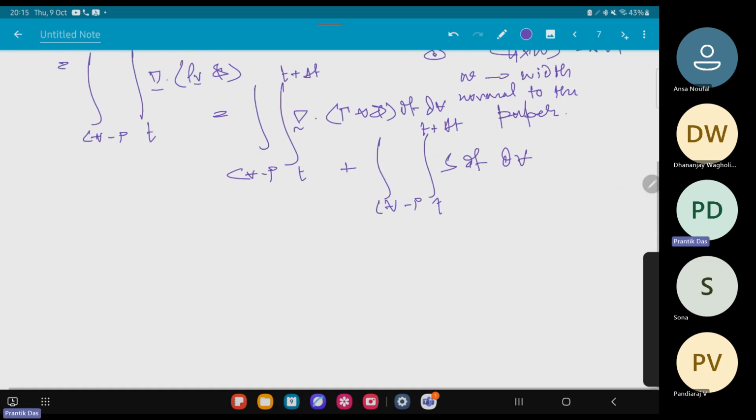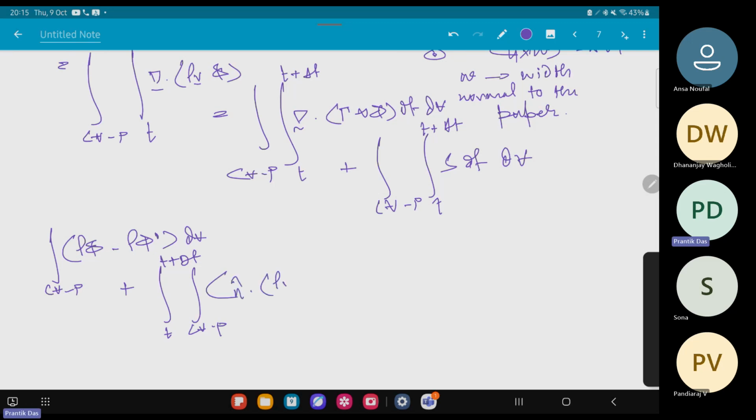And then if I simplify it, the first temporal term I will integrate with respect to time initially. So it will be rho phi minus rho phi naught dv equals the integral over t to t plus delta t of the surface integral, using the Gauss divergence theorem, that is n cap dot rho v phi dA dt prime.